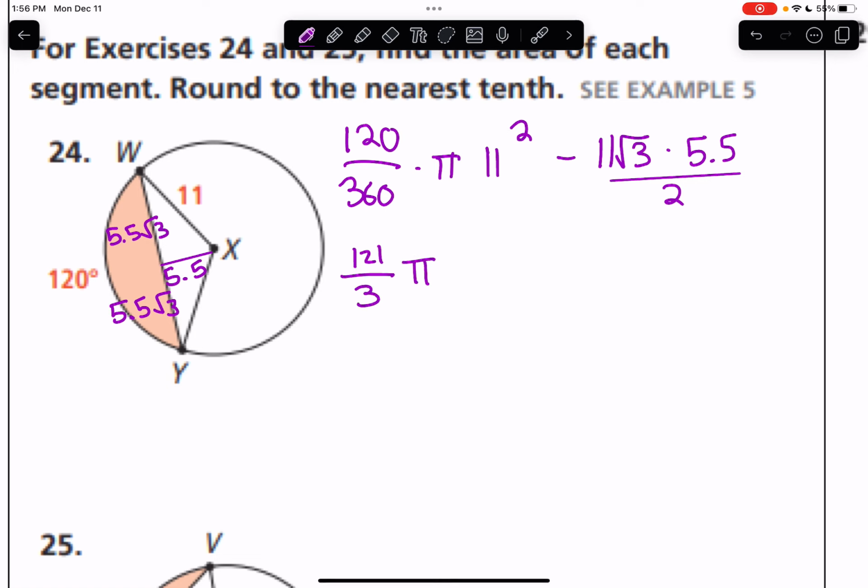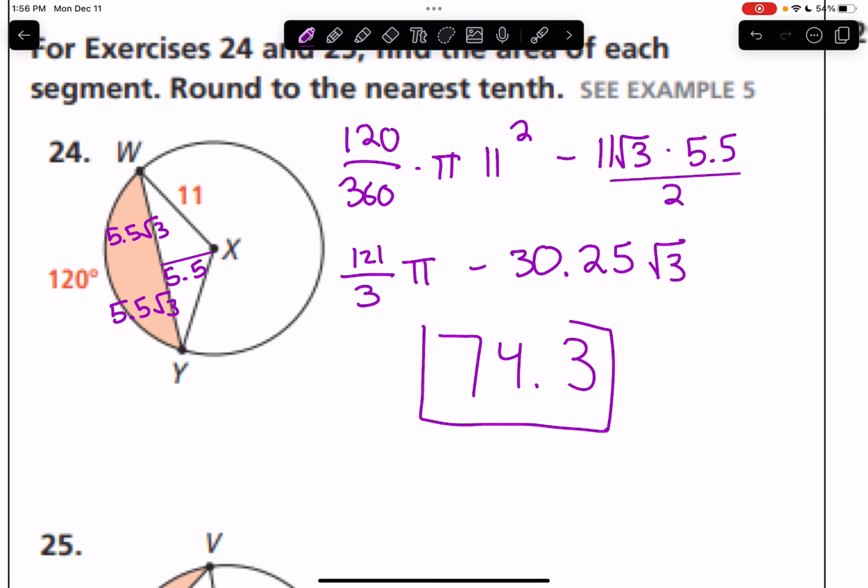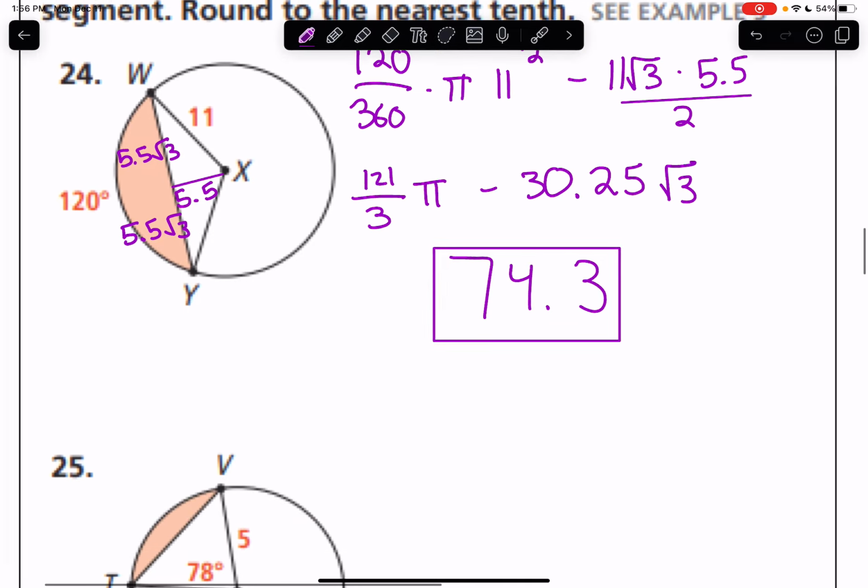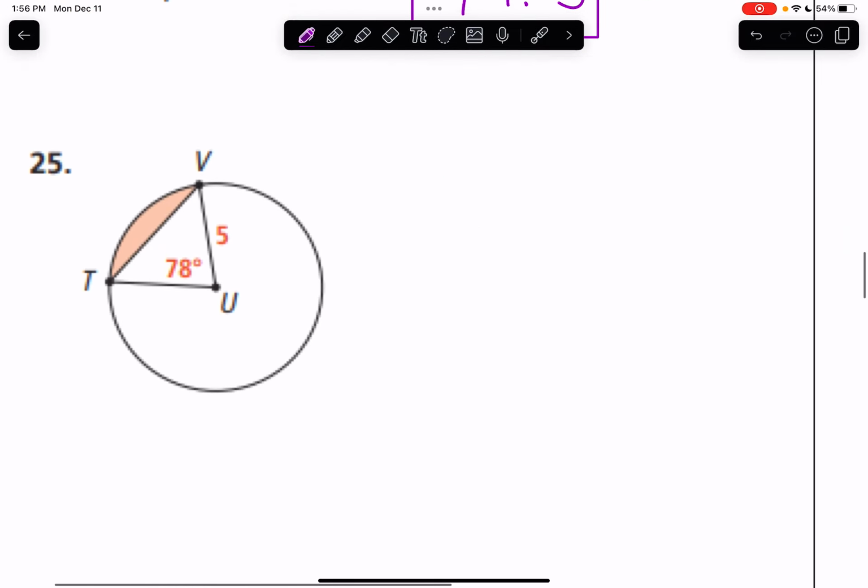And then in the other side, I get minus 30.25 root 3. And again, you might do your simplifying in a different order or a different way than me, and that's okay. And when I simplify all of this out to the nearest tenth, I get 74.3 as the area of the segment.